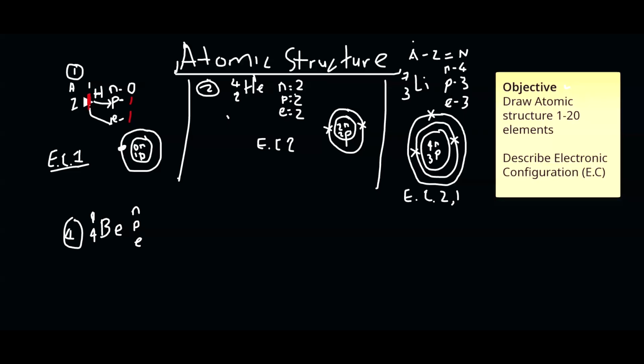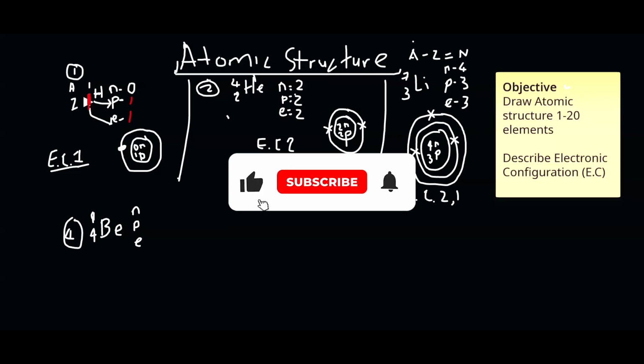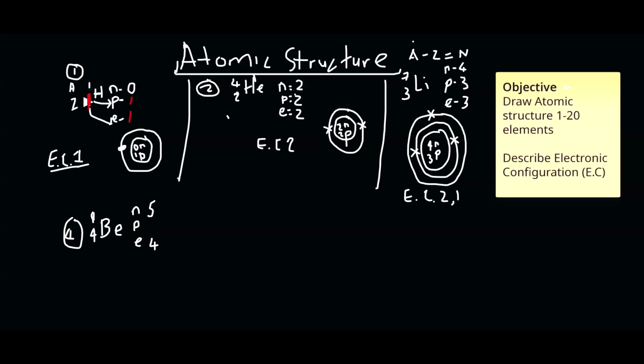Good. And then the amount of protons? 4. Good. And then remember the amount of electrons would be the same thing as well. So move on now to draw the structure. So the N and P, N equal 5 and then P equal 4.